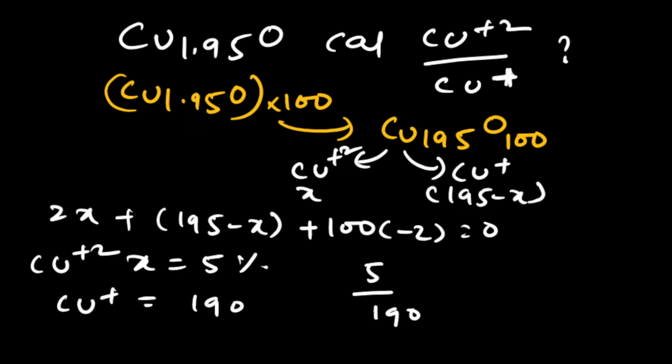How will you get 38? I asked you to calculate Cu plus 2 by Cu plus 1. Here the charge is plus 1, right? Here the charge is 2x, and 1 into 1.